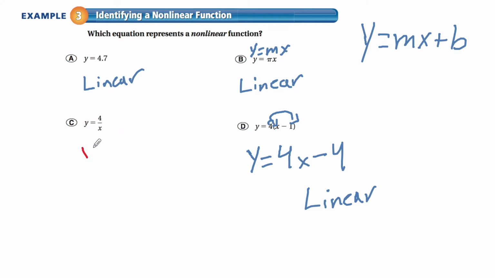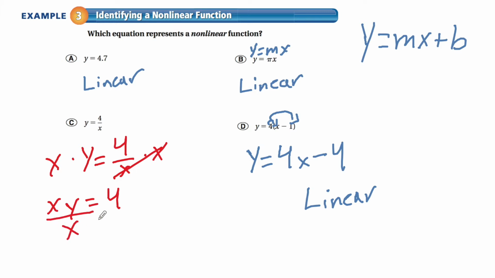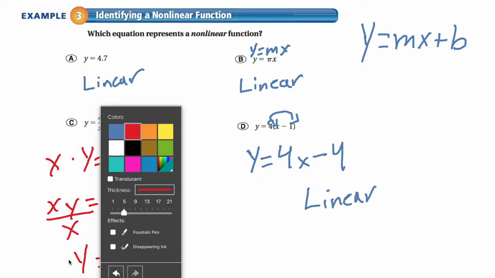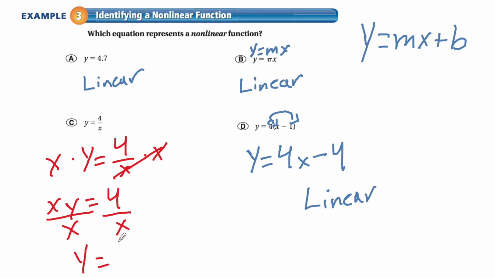So let's try it. We have y equals 4 over x. Multiply both sides by x to cancel that out. So those would cancel, and then we have xy equals 4. Now we still want to isolate y, so it's in slope-intercept form. If we divide both sides by x, that'll leave us with y equals 4 over x.